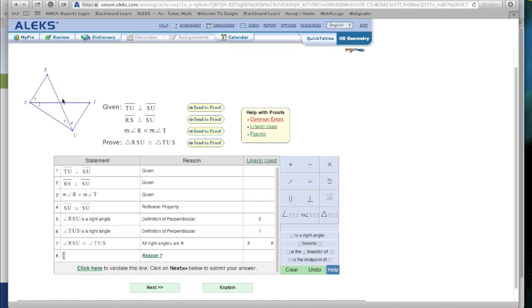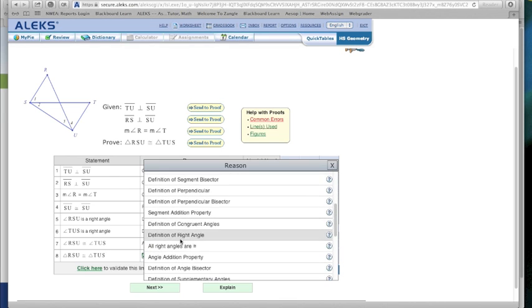Okay. So we have the two right angles congruent. We have angle R and angle T equal from step 3. And we have SU congruent to itself. So we have an angle side situation. So I can go ahead and write my proof statement and select angle side.